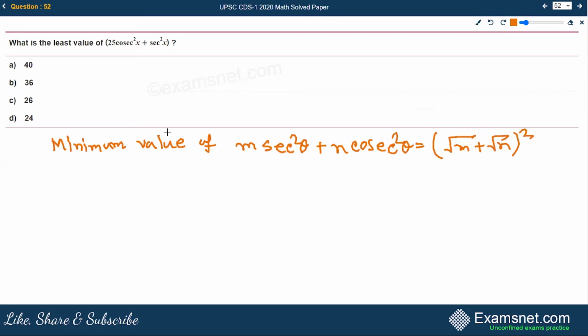Let me first write the given expression, that is 25 cosec square x plus sec square x.